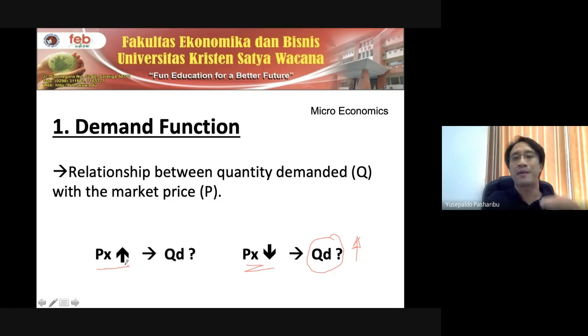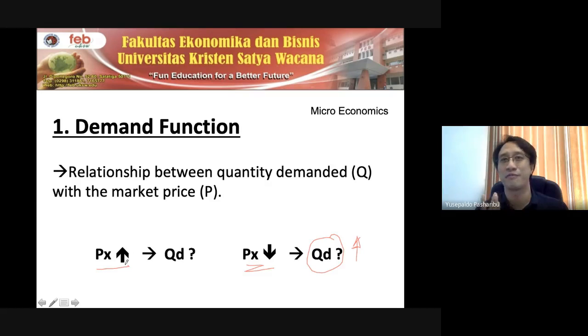But if the price goes up, for example, because of pandemic issues, the price of gold or jewelry rises a lot.